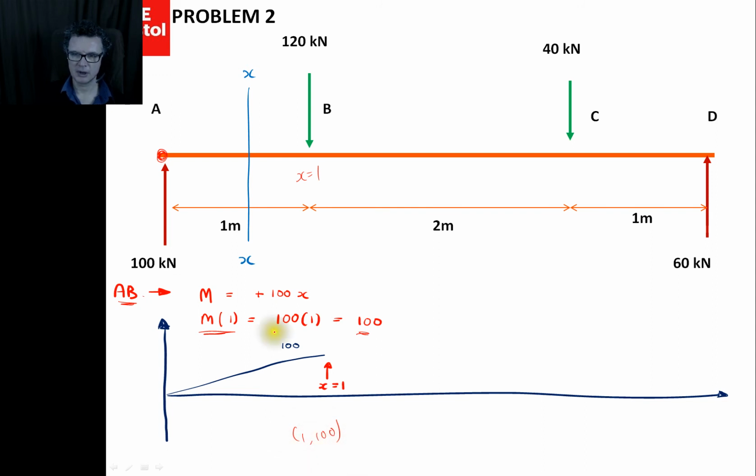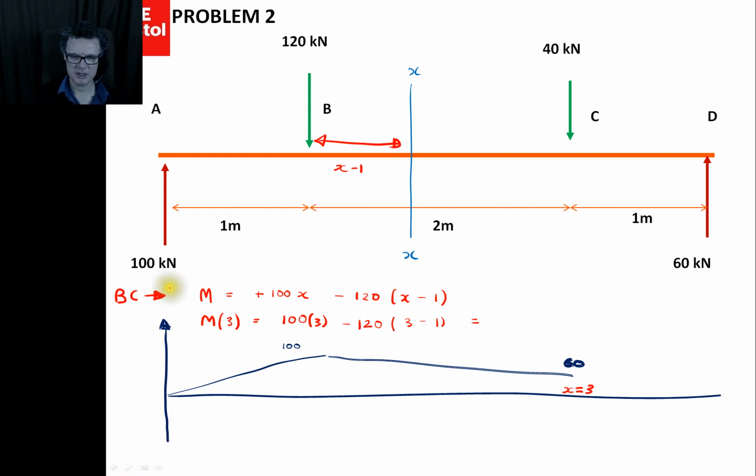Okay, so now I go back and look up the equations I worked out for my BC region, and I worked them out to be this. Nothing changes between x equals 1 and x equals 3. So what I'm interested in is plotting this position here. So I'll go back to my equation and substitute in x equals 3. So 100 times 3, take away 120, open my bracket, 3, take away 1, close my bracket.